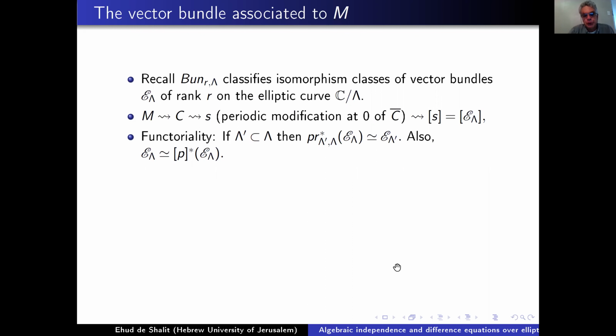You get that if you pull back this vector bundle for one elliptic curve to some unramified cover, you get the same vector bundle for that cover. And that also this vector bundle is in fact invariant up to isomorphism by the pullback by multiplication by P, which is a very strong assumption.